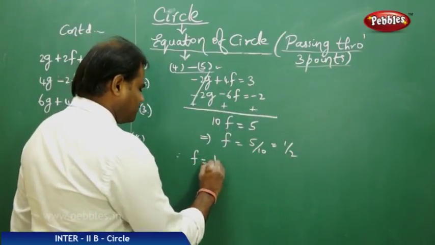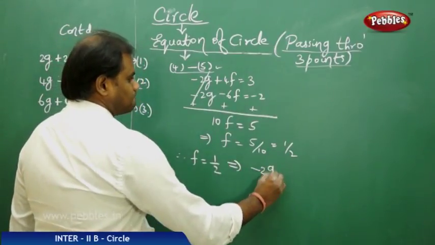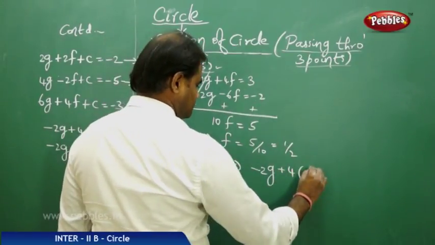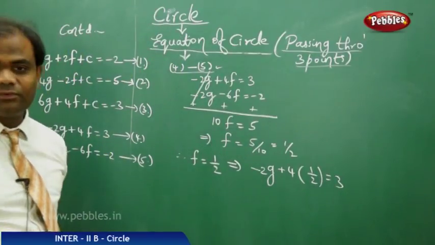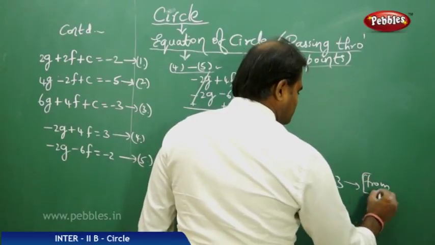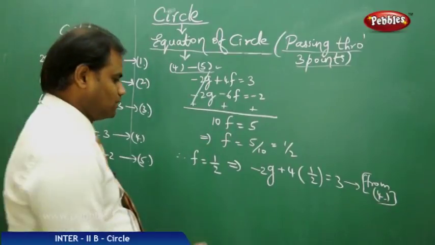Therefore, f equal to 1 by 2 implies minus 2g plus 4f equal 3 is what I get from equation 4. I substitute f equal to 1 by 2.